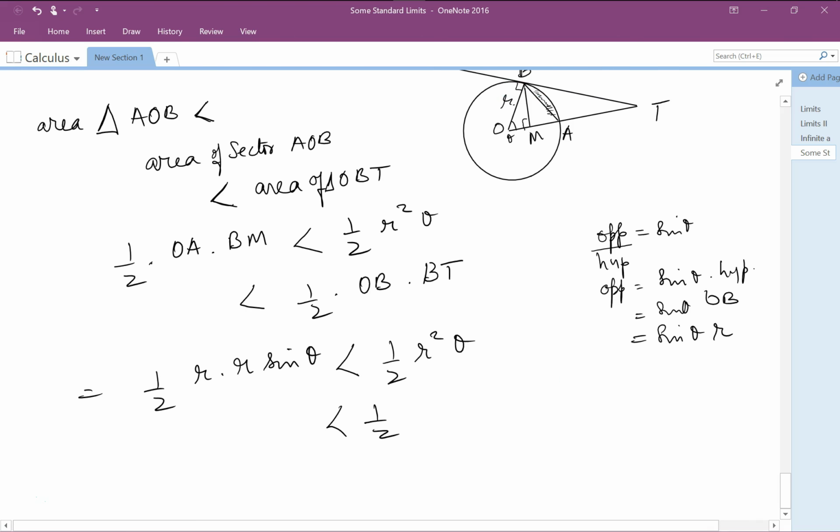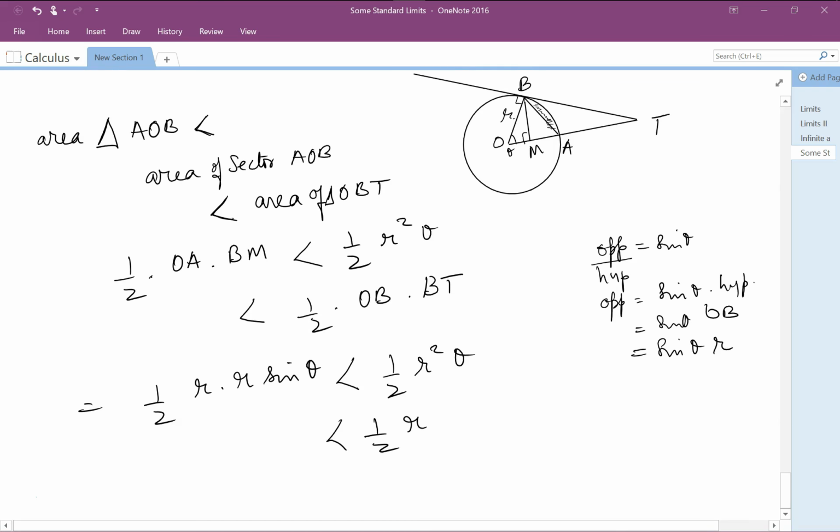OB is again r. BT is what? We need to look at trigonometric ratios. In the triangle OBT, with respect to theta, OB is the adjacent side and BT is the opposite side.